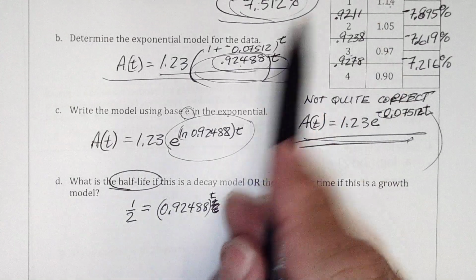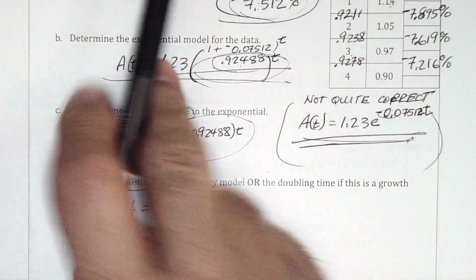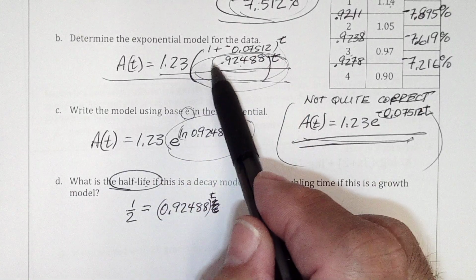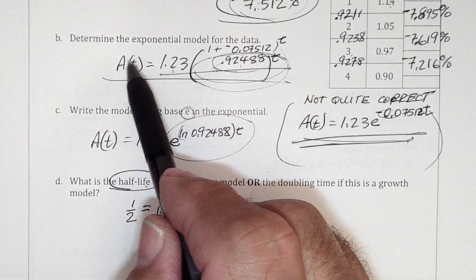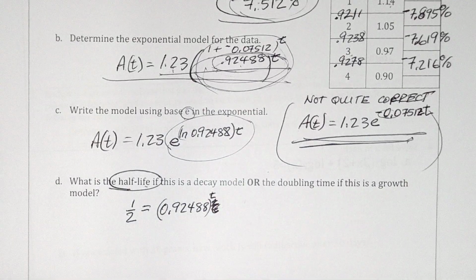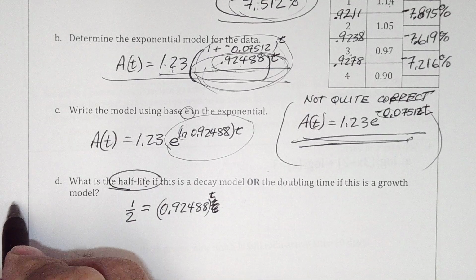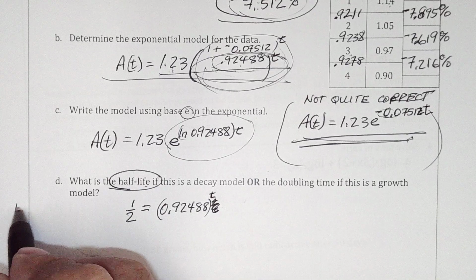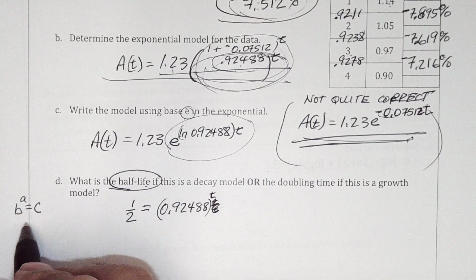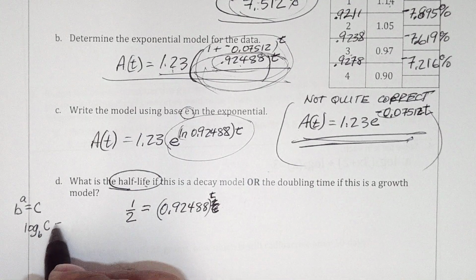So I want to know what I have to multiply, whatever the starting amount, doesn't matter what it is, to get half of it. So this number has to be 1/2 times whatever amount you have to get half as much. So I'm just looking for what makes this be a half. I have to solve for the power, and my power rule is if I have a base b to a power a and it comes out to be c, that means log base b of c equals a.